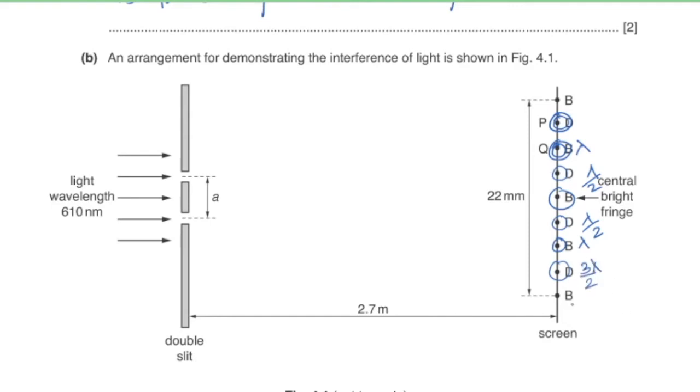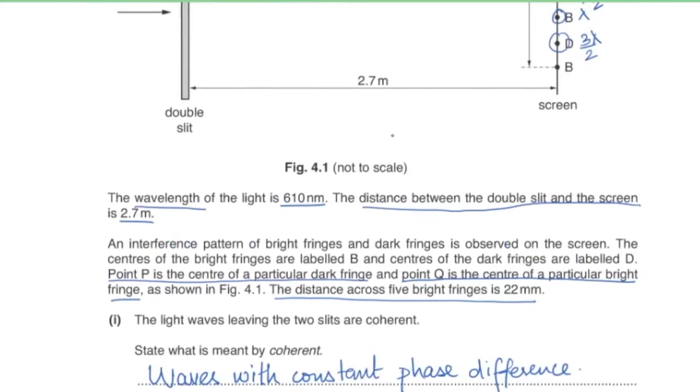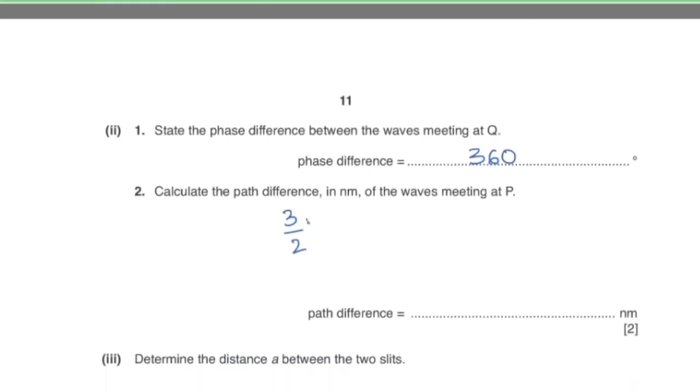And that's why they form dark fringes. Dark fringes appear when path difference is in fractions. So the path difference at P is going to be 3/2 lambda, where lambda is the wavelength. In nanometers, it's 610. So 3/2 into 610, and the path difference at P is going to be 915 nanometers.